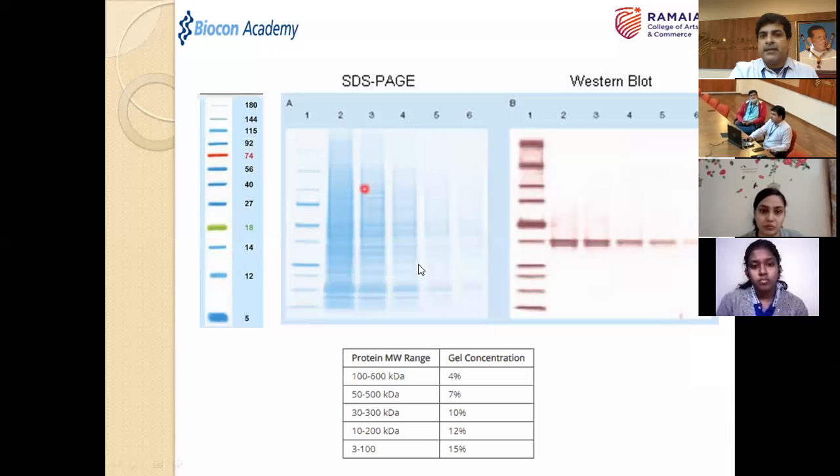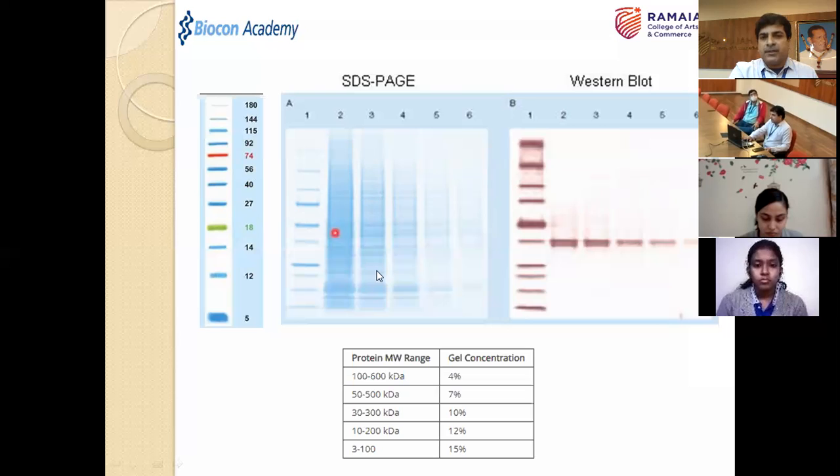And this is the way after Coomassie stain you can see. But usually after SDS-PAGE, unless you want to go for further protein analysis like MS spec or characterization purposes, we don't use the gel directly. Routinely, this is used for Western blot analysis.